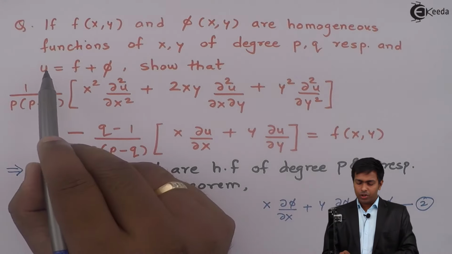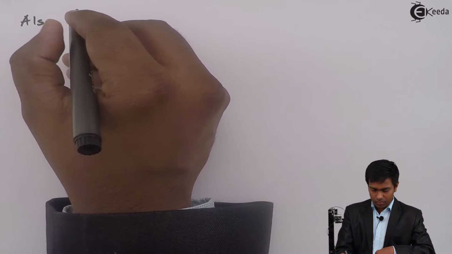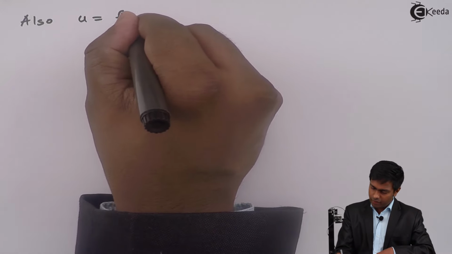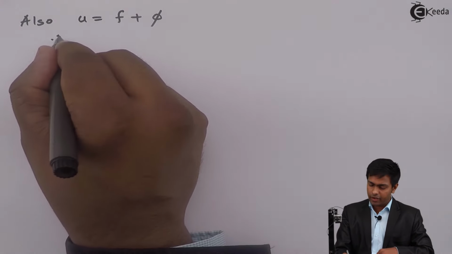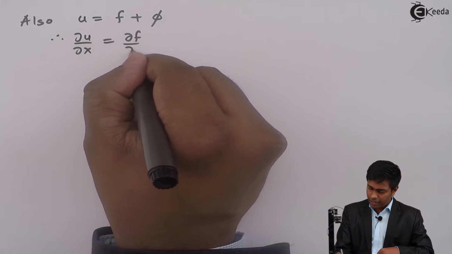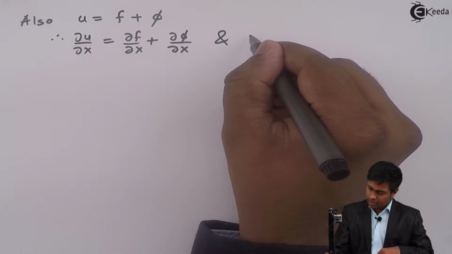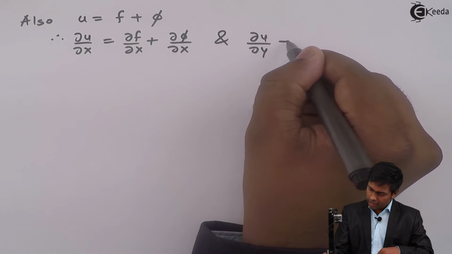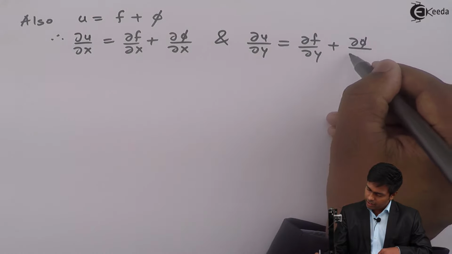Now also u is given as f plus phi. So here I'll say also u is equal to f plus phi. Therefore here we can get dou u by dou x as dou f by dou x plus dou phi by dou x, and dou u by dou y as dou f by dou y plus dou phi by dou y.